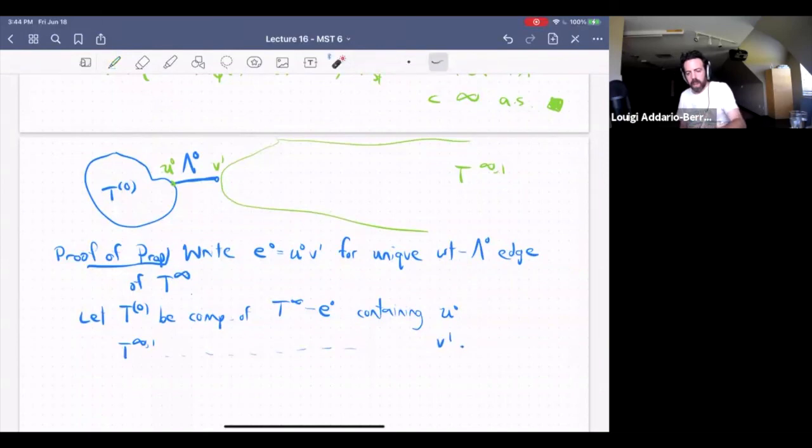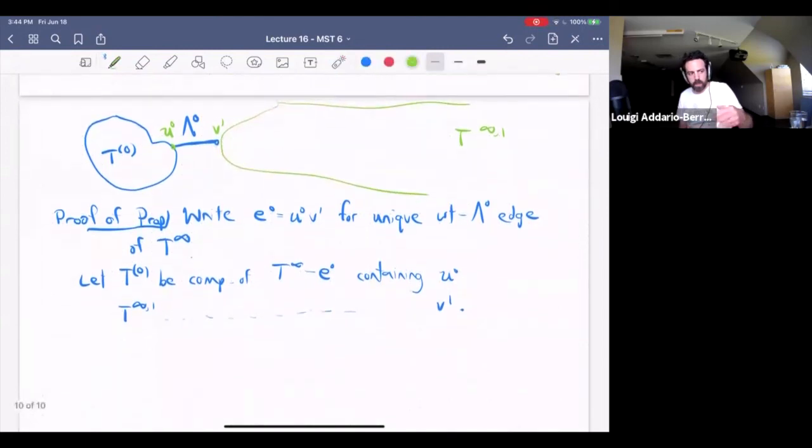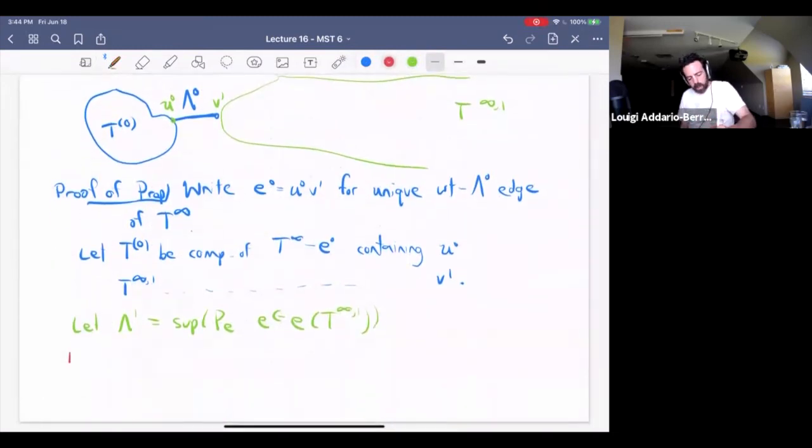Now I want to look at the largest weight edge that's ever added in T infinity 1 by Prim's algorithm. So I'll let lambda 1 be the largest weight p of e, where e is an edge of T infinity 1. Now we can likewise derive the distribution of lambda 1. It's easier to write down the conditional distribution of lambda 1 given lambda naught.